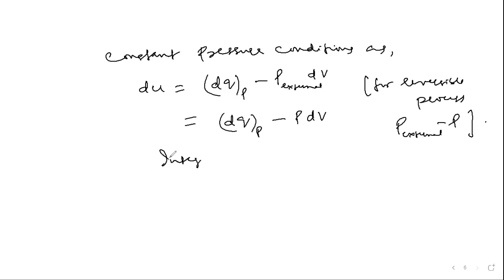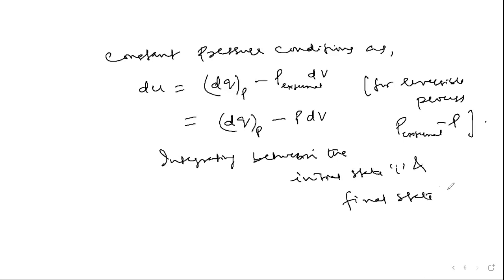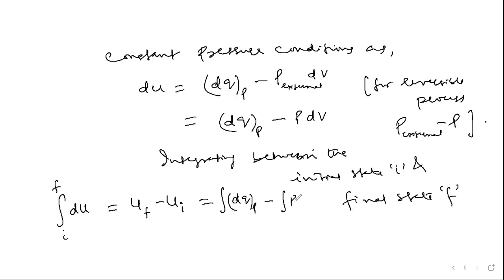So integrating between the initial state I and final state F, what we get is integral I to F dU, which will be UF minus UI, which is equal to integral dQP minus integral P dV, right?